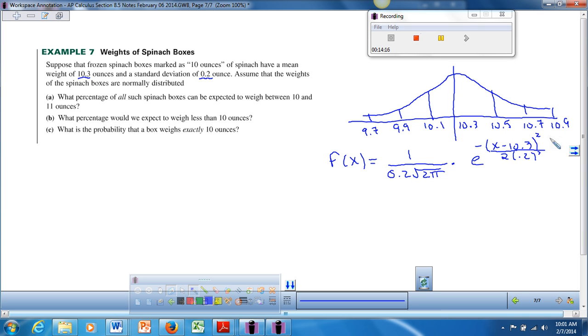Okay, just so we can see where we're plugging everything in. All right, so there's our function, and we'll just refer to that as f of x for our problems now.